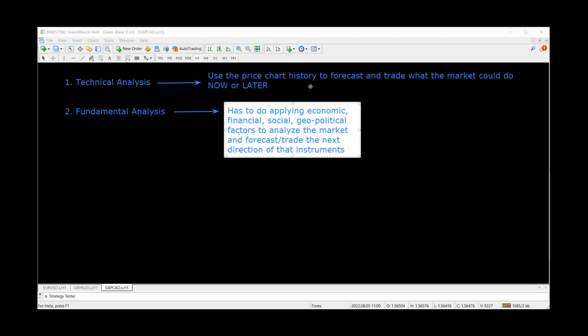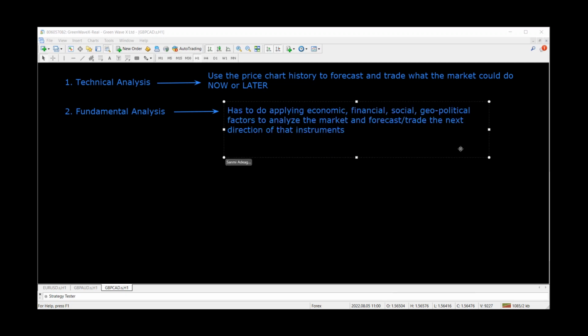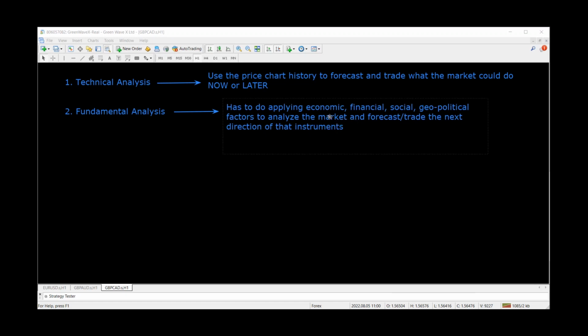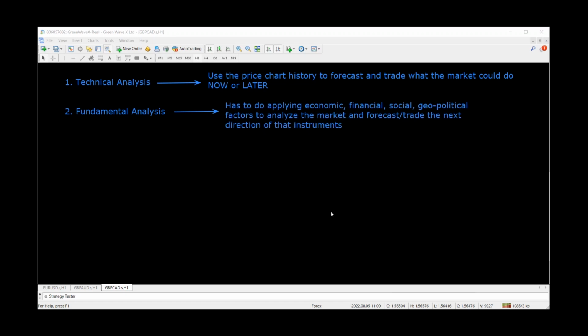So now this one has to do with applying some tangible stuff like economic factors, financial factors, social factors, geopolitical factors to analyze the market. A lot of fundamental traders believe that there are actually things that are moving this market.